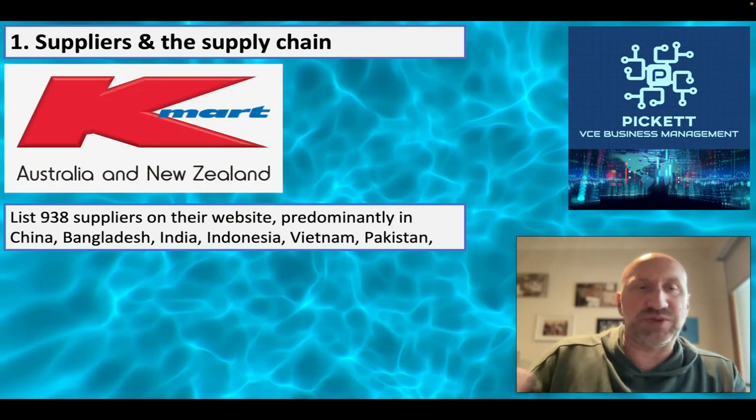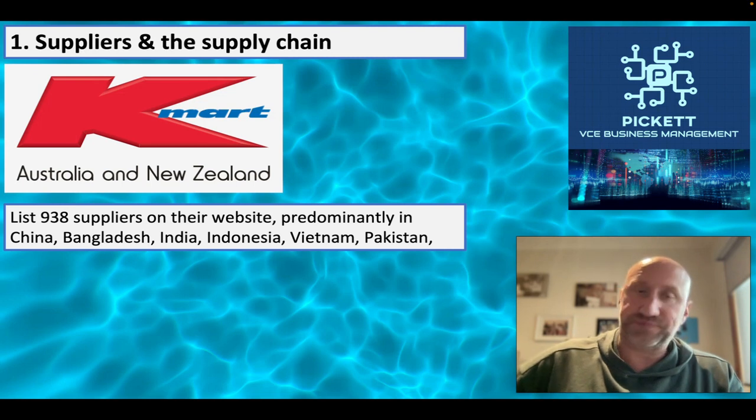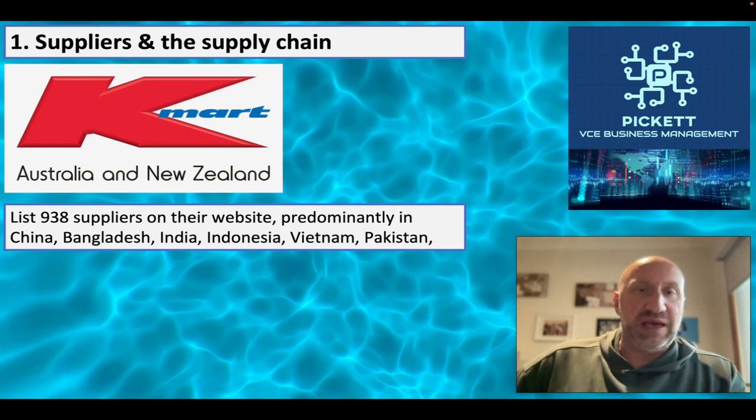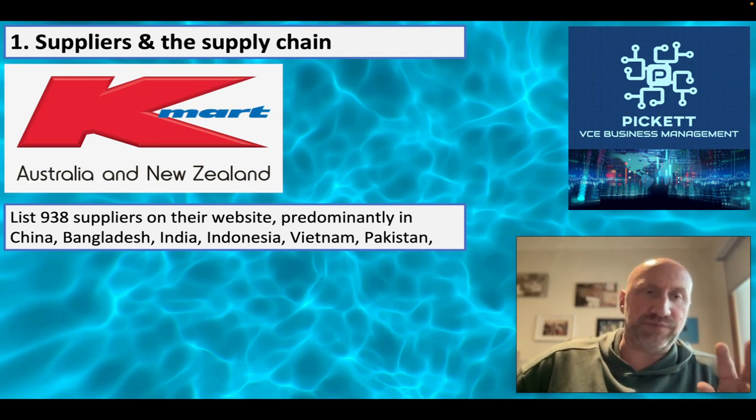Bring this back to Australia. If we think about Kmart, you can go into the Kmart website, and if you have a bit of a dig around, you can find out information on their suppliers. And this was as of 2023, when I put this part of the video together. They listed in 2023 938 different suppliers that they deal with.